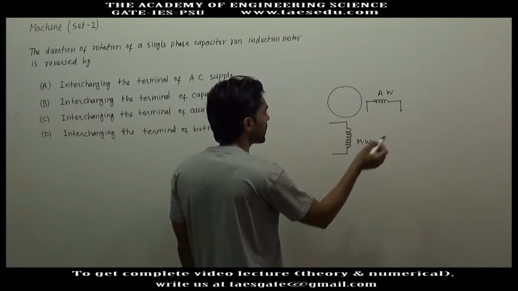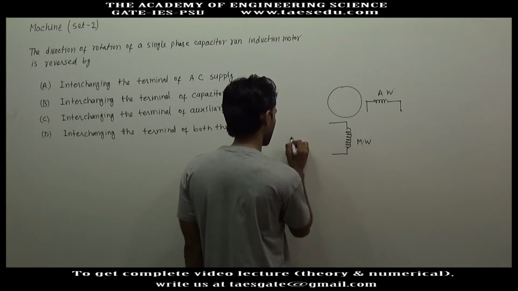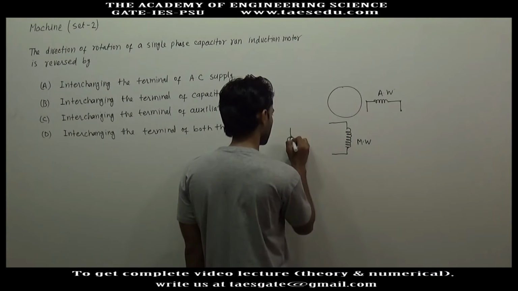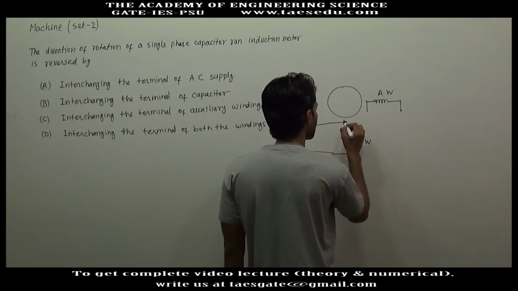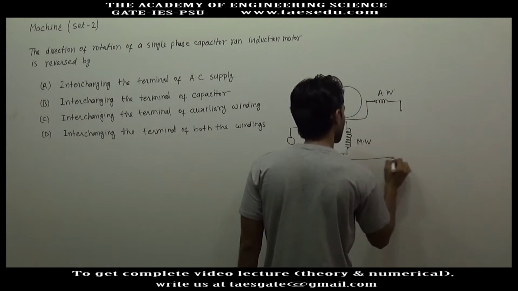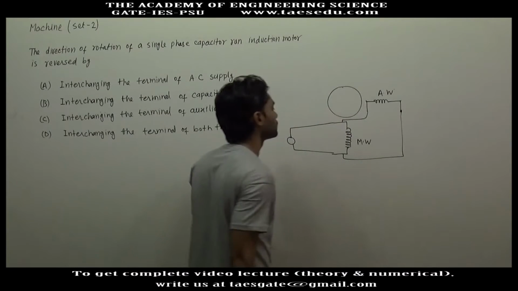And both the windings are connected to the same AC supply. Let's say this is the AC supply. So both the windings are connected to the same AC supply. Let's say these are connected in this way.